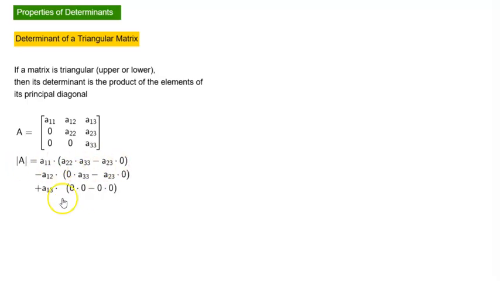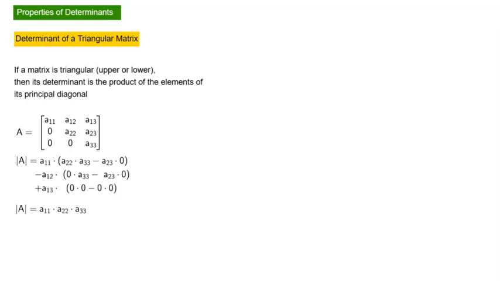If we evaluate the determinant, we get A11 times A22 times A33. The rest all become zero. So for an upper triangular matrix, the determinant is the product of the elements in its principal diagonal, A11 times A22 times A33.